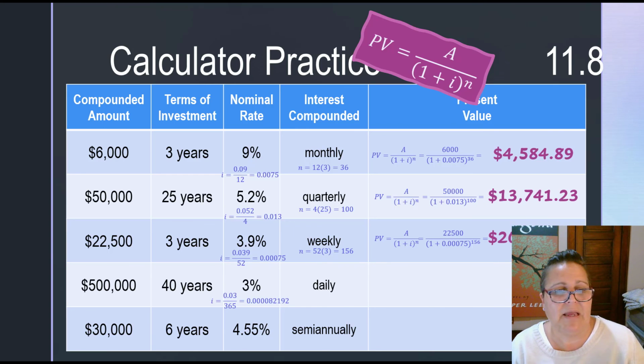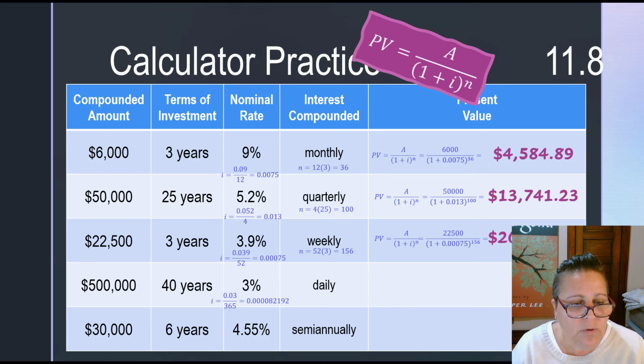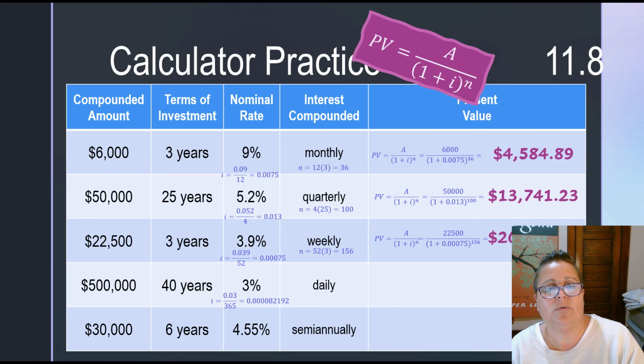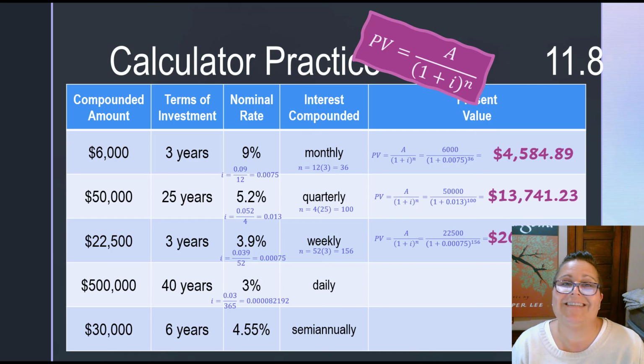And then I'm going to make a point on this one that's $500,000. Here we have i would be 0.03 divided by 365, or 0.0000, it's 4 of them, right? 82192. This is a very awkward number.